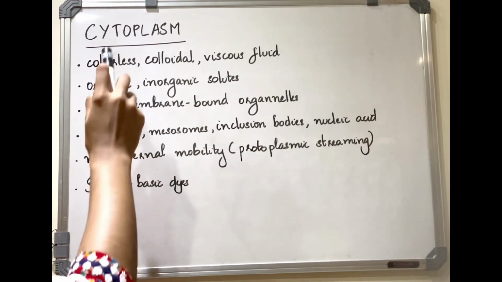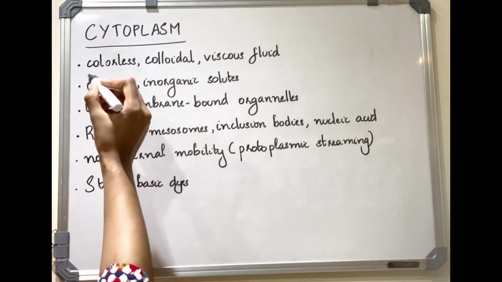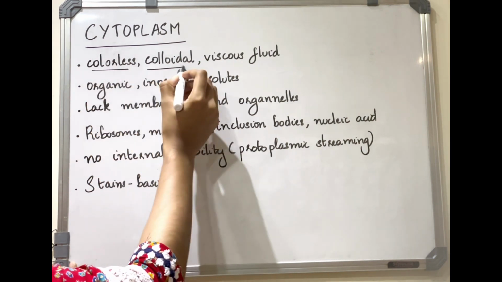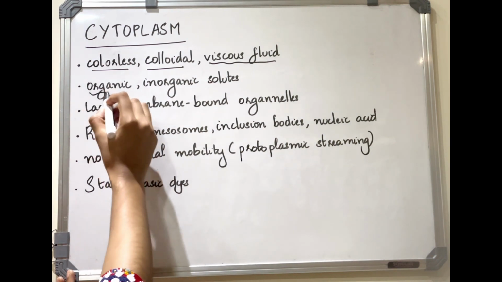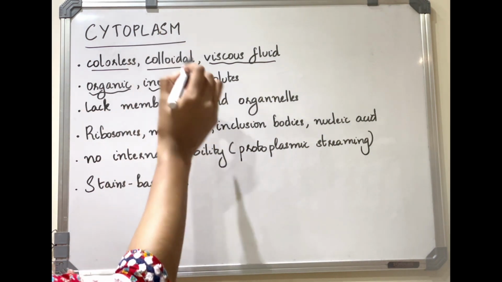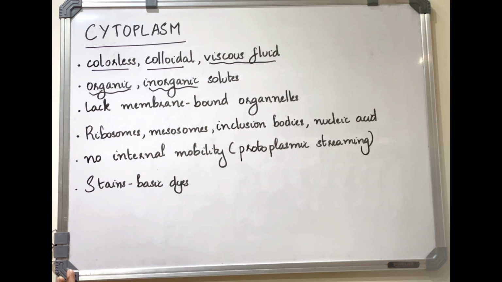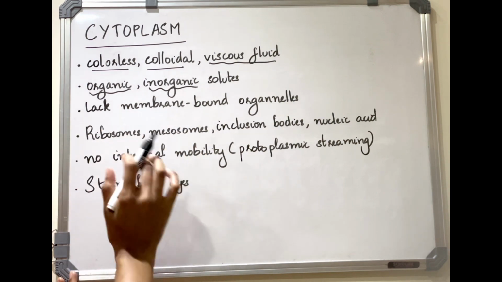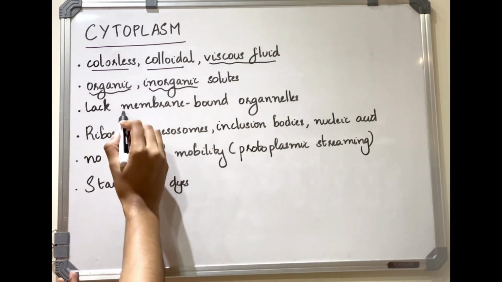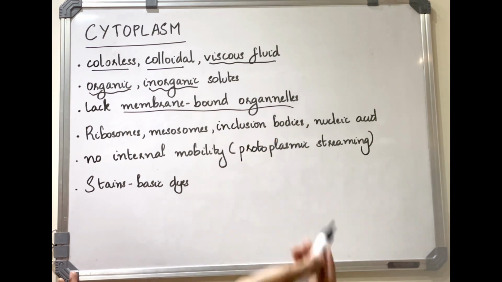Cytoplasm. Now the cytoplasm is a colorless, colloidal and viscous fluid. Organic and inorganic solutes are suspended in the cytoplasm. And as we have told earlier, in the cytoplasm there will be no membrane bound organelles, that is endoplasmic reticulum or Golgi apparatus or lysosomes, peroxisomes.